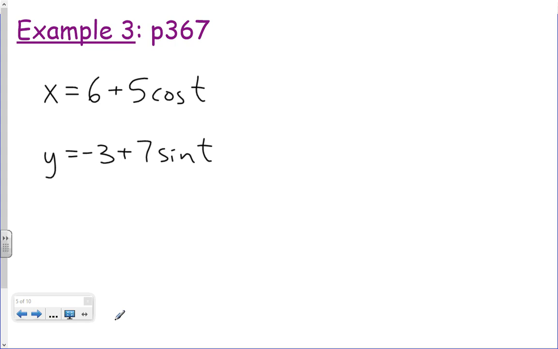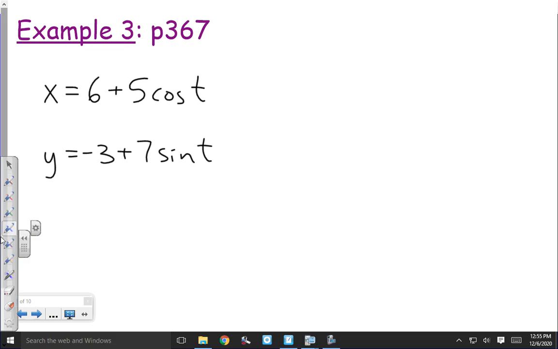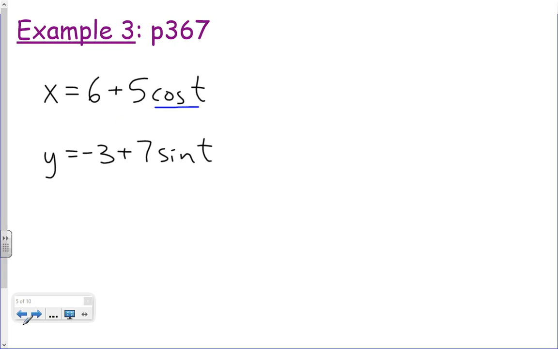So again, let's think about what exactly happens here with this cosine function, when we multiply by 5 and then add the 6. We can start with the same starting point here. I can say that negative 1 to 1 is the range of cosine.